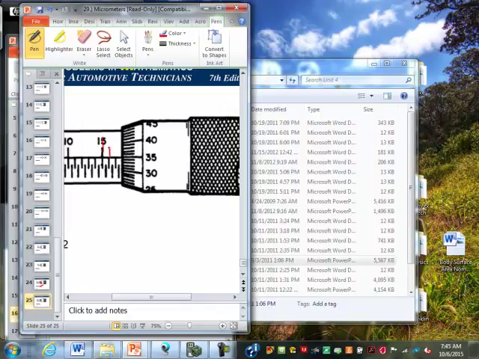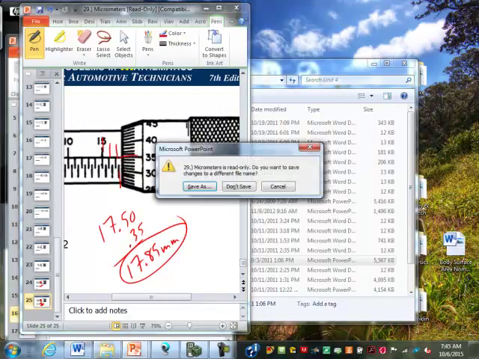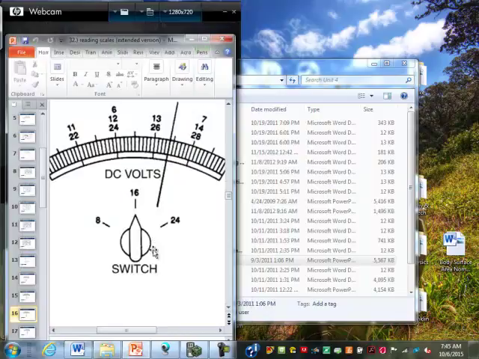You got 15, 16, 17 and a half, so 17.5. And then this is 35, so 0.35. So 17.85 millimeters. Now, just for the heck of it, what do you get out of that one? Other than a headache?